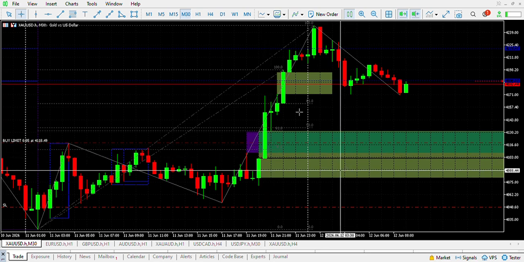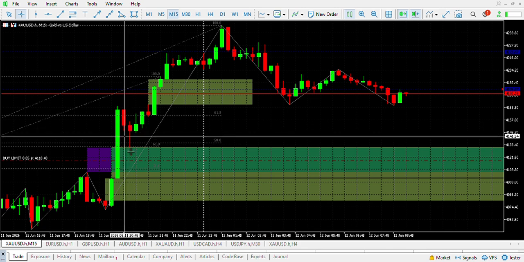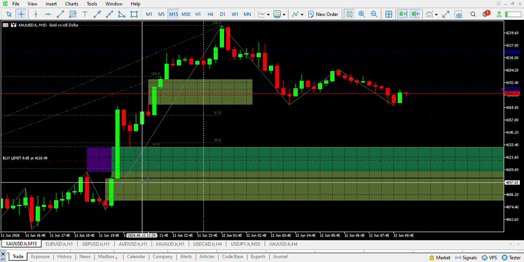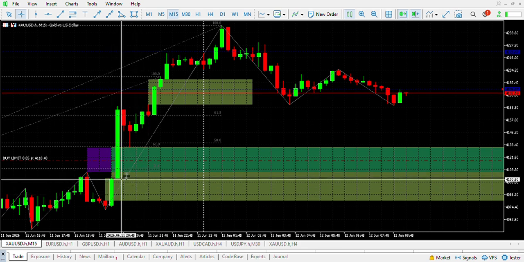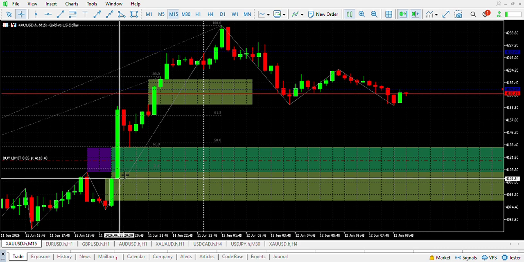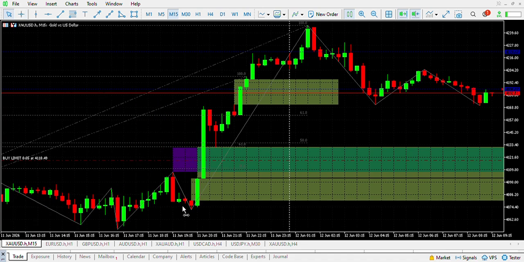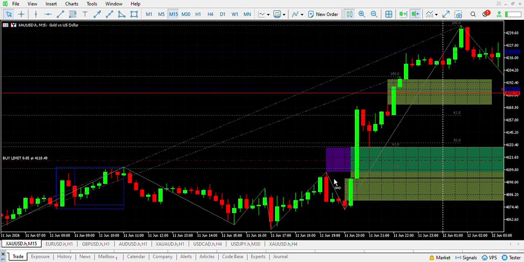That's on 30 minutes. Going to 15 minutes, we have a fair value gap between here and here that has been activated by this. So there are chances that the next fair value gap that the market may activate may be this one, between this and this.